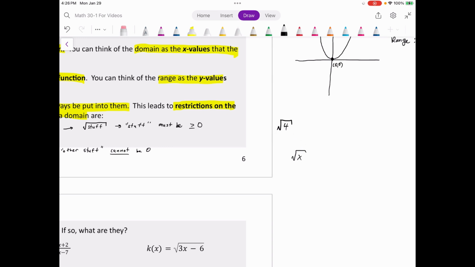So the reason the square root of 4 is 2 is because 2 times 2, or 2 squared, is 4, right? That's why the square root of 4 is 2. The number that when I multiply by itself equals what we call the radicand, the thing we're taking the root of, okay? So that's the key to understanding why we cannot take the square root of a negative. The number that when I multiply it by itself gives me the radicand.